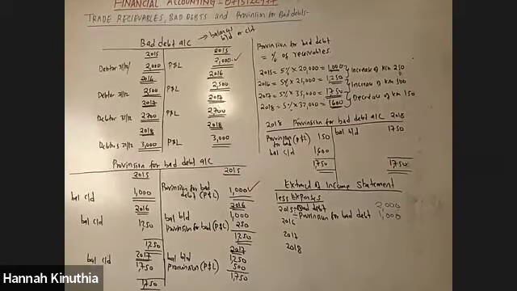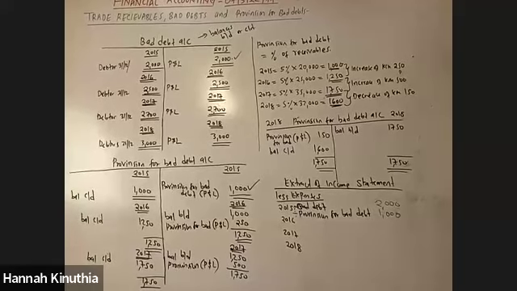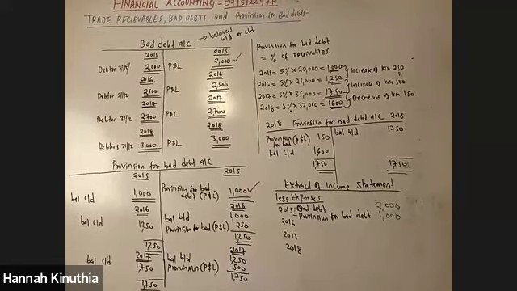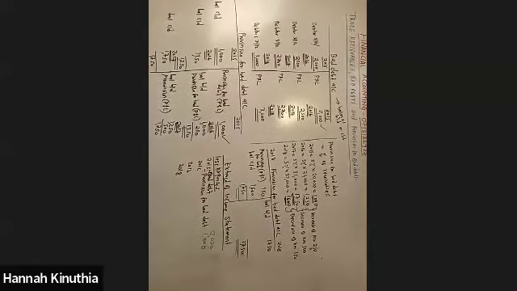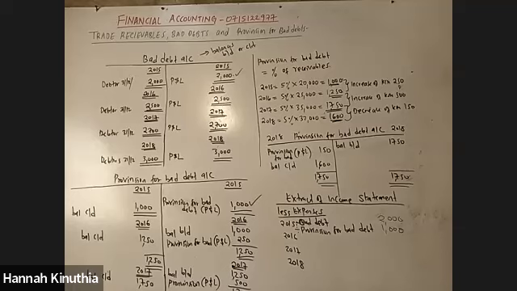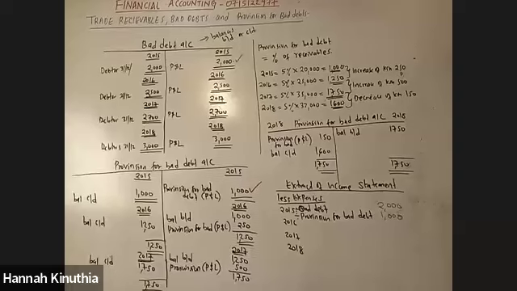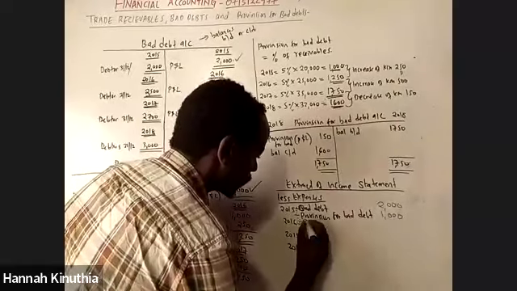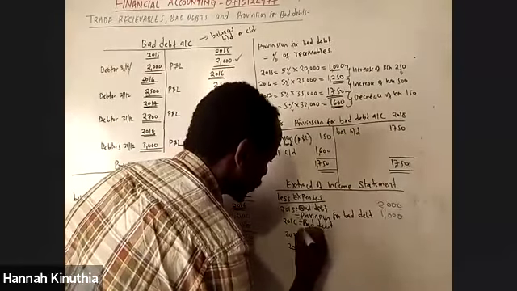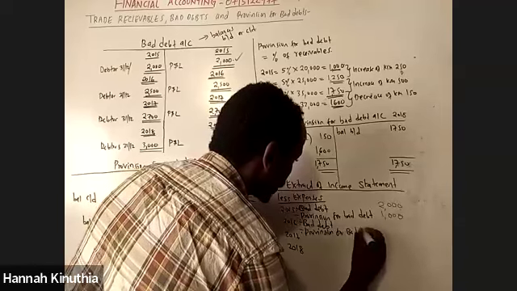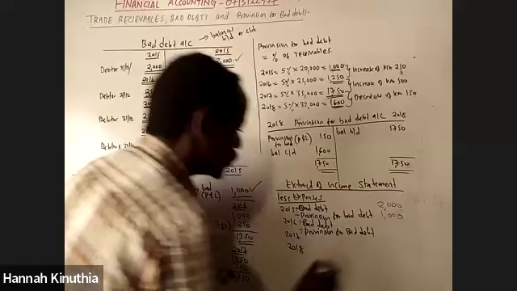When we finish 2015 we go to 2016. So 2016. So we have bad debt, and we have provision for bad debt. So what's the bad debt for 2016?